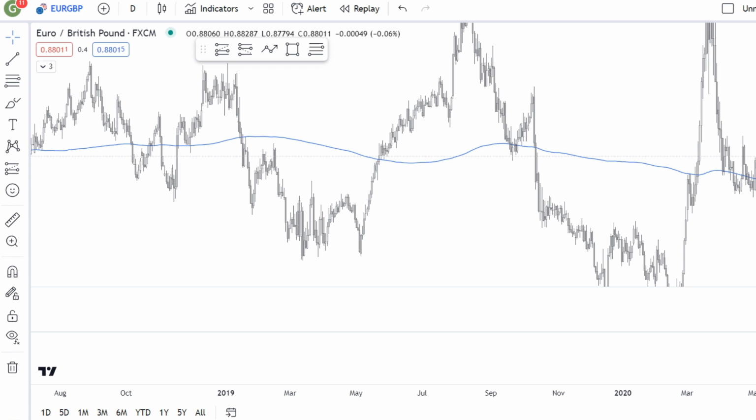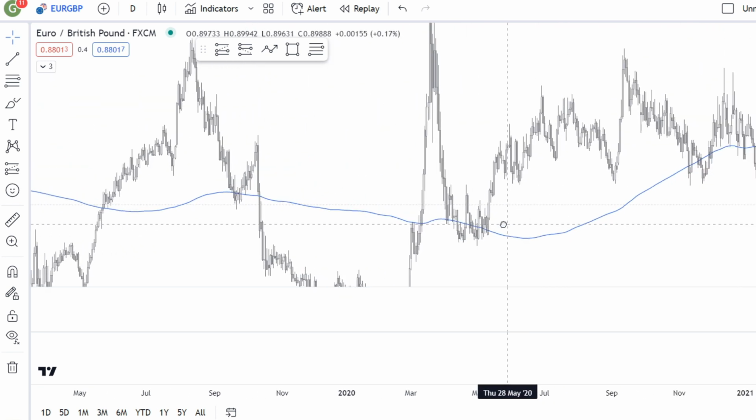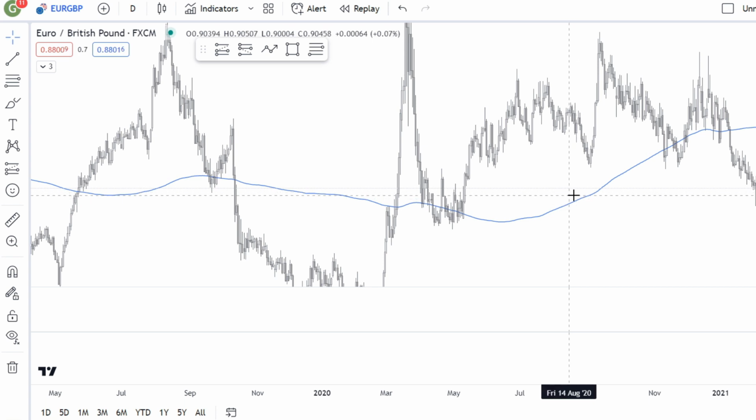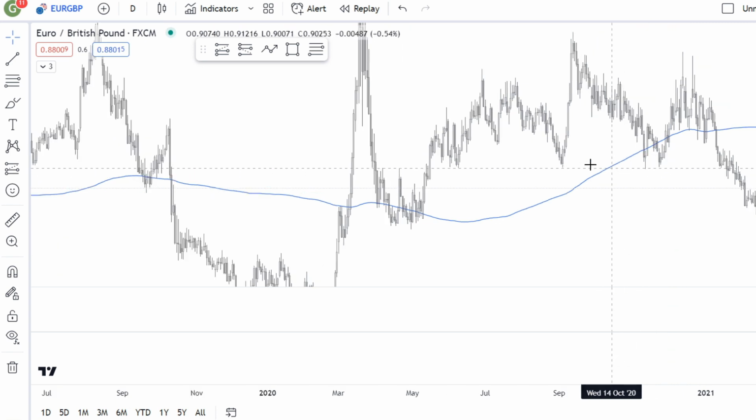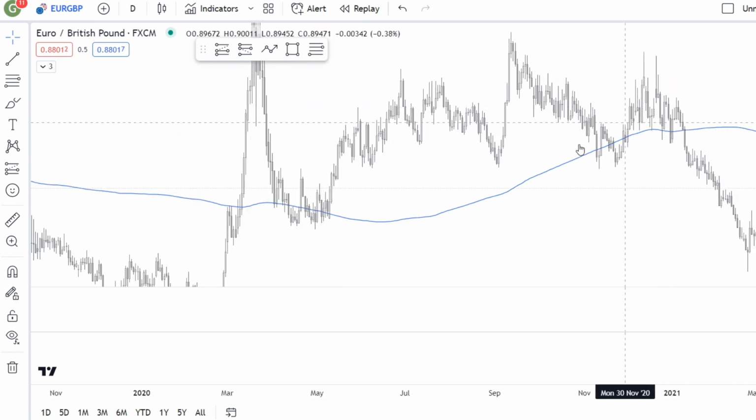Alternatively, you can use the moving average as a support and resistance level. In this strategy, you can look for the price to bounce off the moving average, indicating a level of support and resistance. Over here, we see price goes to the upside, goes down, it bounces off the 200 simple moving average, and as you can see, it goes to the upside.